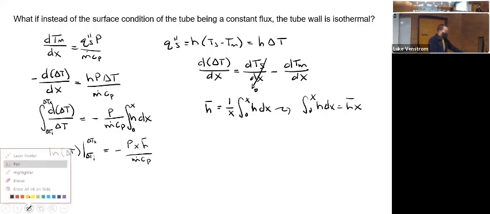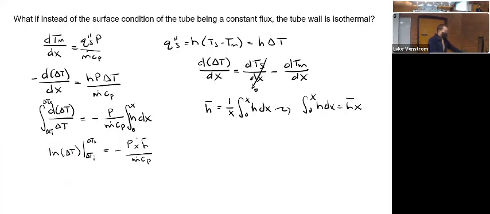If you think of that p times x, what does this p times x really represent? Perimeter, what? It's just a surface area, right? It's the perimeter of whatever the tube is times a length up to x. This is really just like a surface area. So I have like h times A in the numerator here.